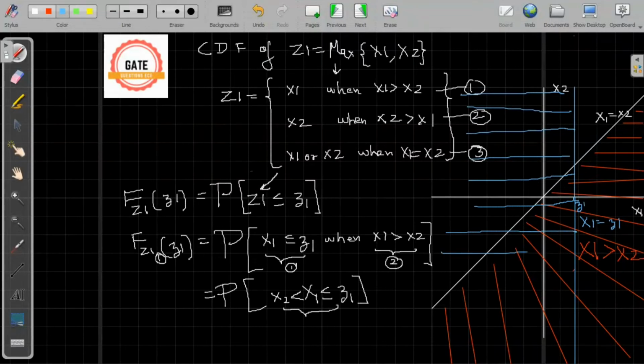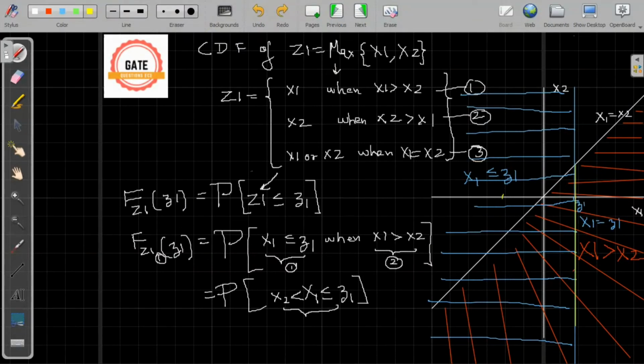Whole this region, the blue region, is x1 less than or equal to z1. So you can take any value of x1 lying on the left side of this x1 equal to z1 line, or on this line.